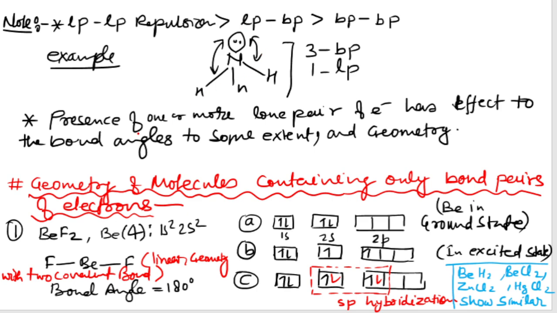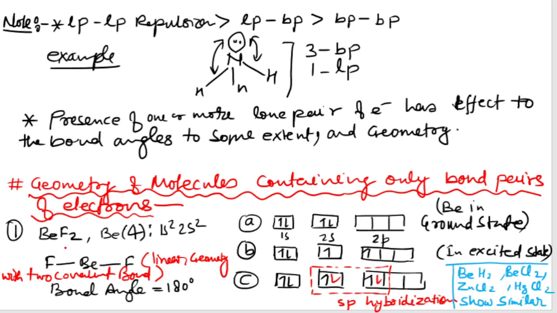Because of the presence of lone pairs, it will affect the bond angle as well as the geometry. Now discuss the geometry of molecules containing only bond pairs of electrons, no lone pairs.